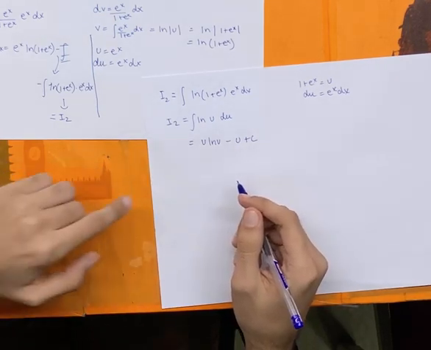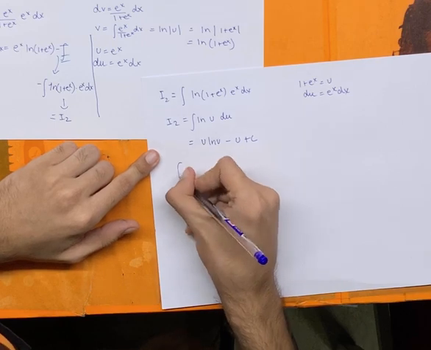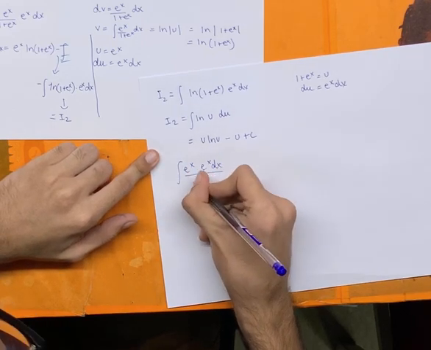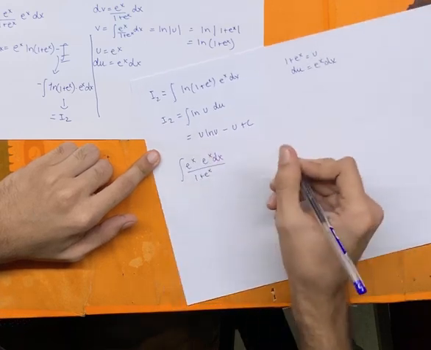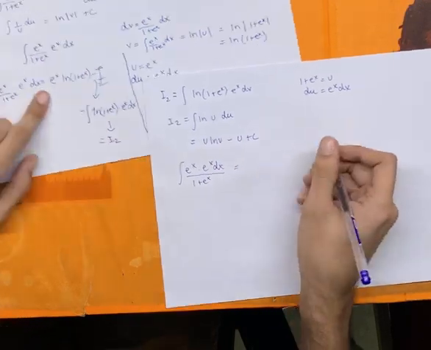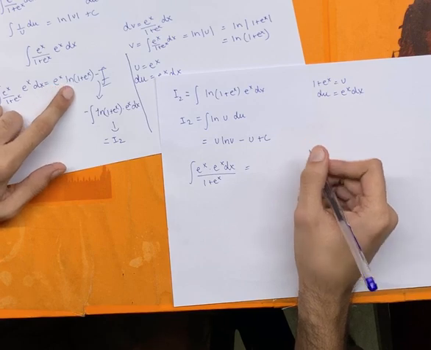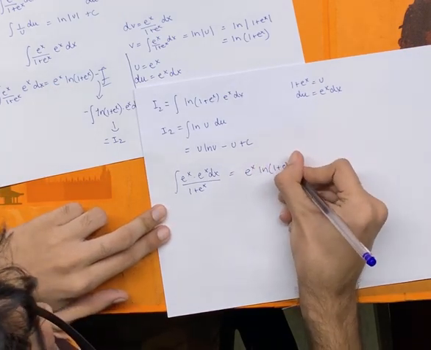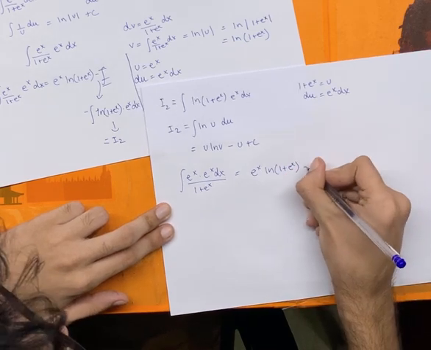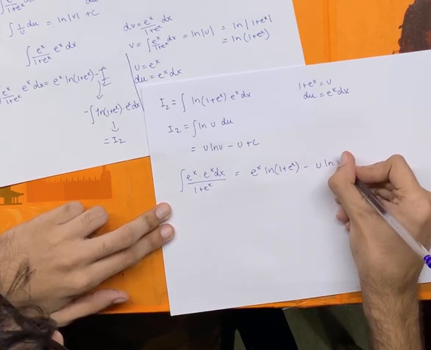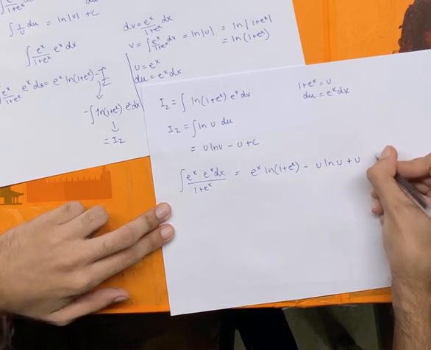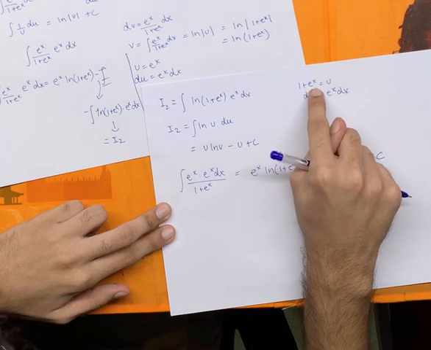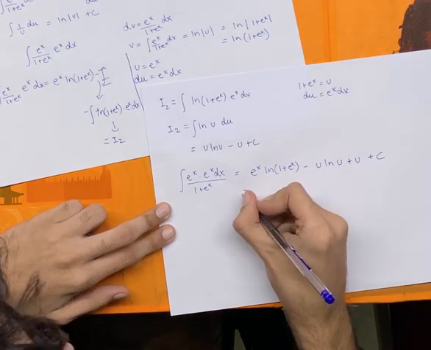So now taking I2 back here, we're finally going to get the solution to our original problem. I'm going to take the e to the power x ln 1 plus e to the power x from there, and we just found what I2 is, so I'm going to substitute that in, but I do have to put u as 1 plus e to the power x back here.